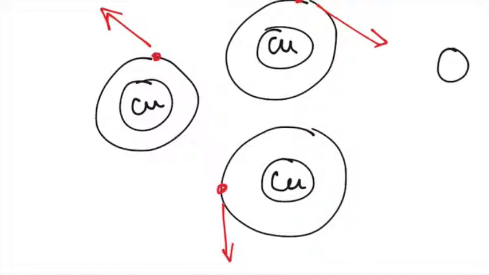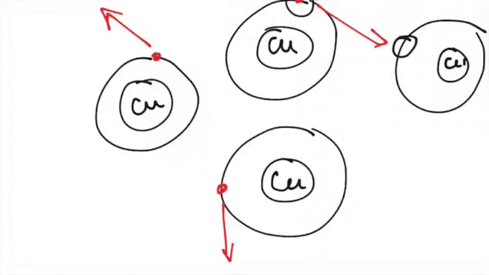If this were an actual wire, we'd have another copper here that's going to accept this electron, one would accept this electron, and there would be one over here to accept this electron. So the basic idea is that the electrons move from atom to atom in a metal because none of the outer electrons are held very tightly to the metal.